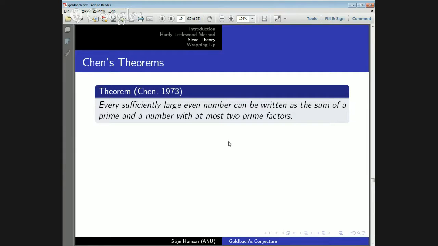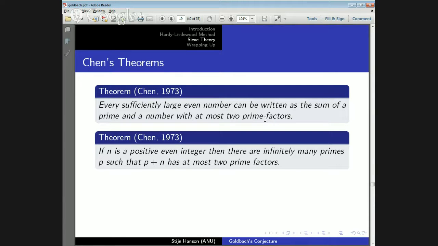I'd just like to move on to, so that's the horrible stuff over. And I'd just like to quickly remind you of Chen's theorem. So this is every sufficiently large even number can be written as the sum of a prime and a number with at most 2 prime factors. And in the same paper with essentially the same method, so remember that we saw the sets which approximated Goldbach conjecture well and twin prime conjecture well, and they didn't look too different from each other.